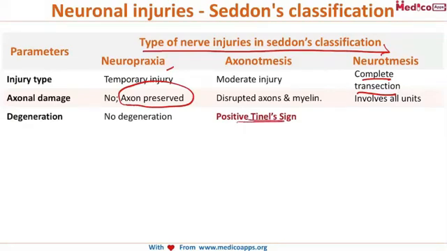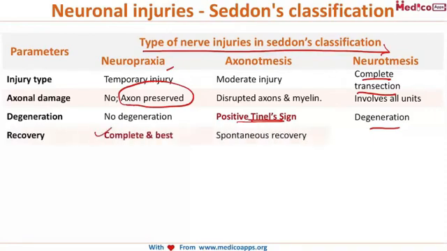Positive Tinel sign, we have seen it is only present in axonotmesis, and there is complete degeneration in neurotmesis. Recovery, complete recovery, obviously in neuropraxia. Spontaneous recovery takes some time in axonotmesis, and because there is complete degeneration over here, absolutely no recovery in neurotmesis.